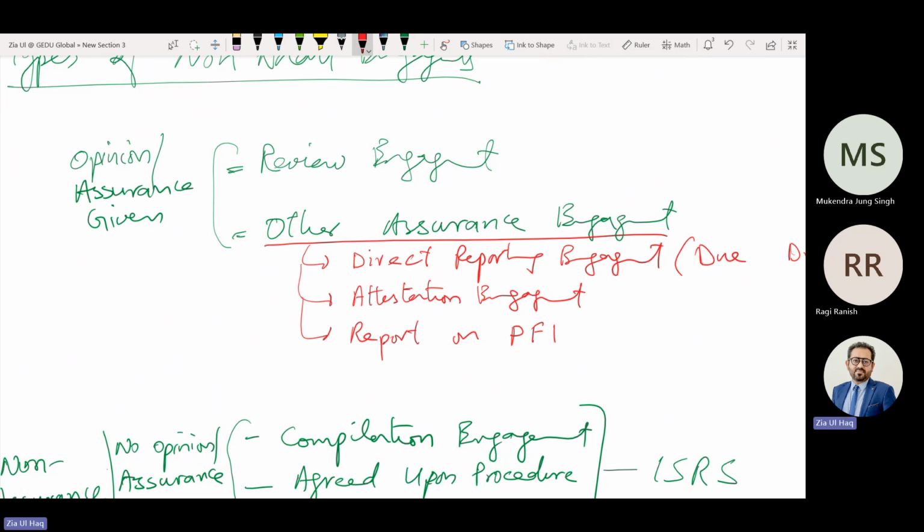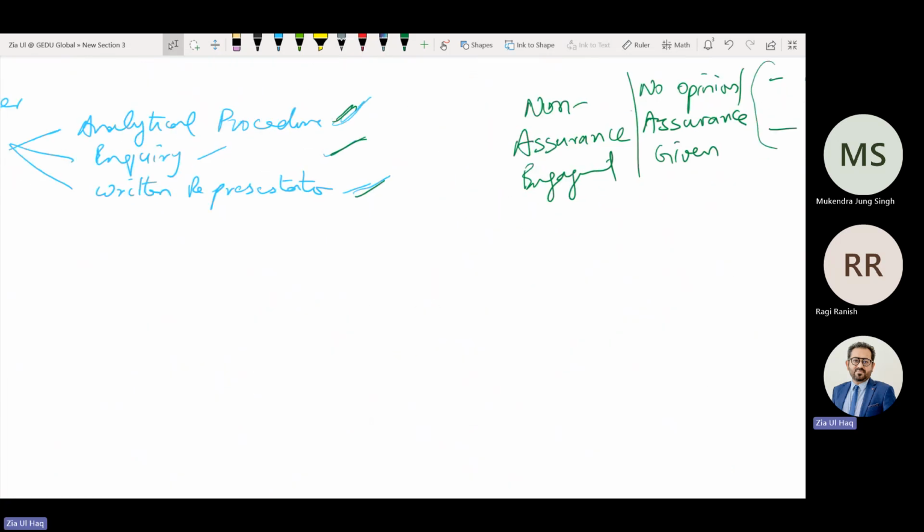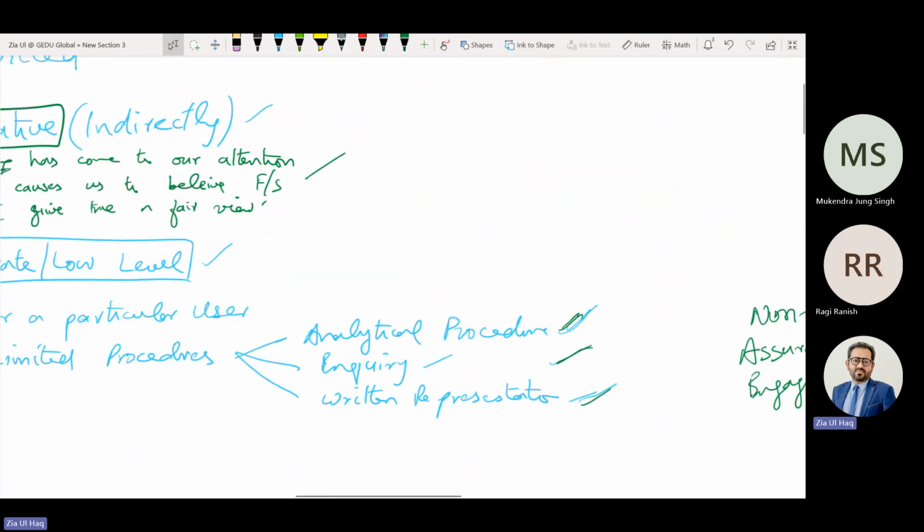The client has prepared their interim accounts for any of the investors, and the investor asks us, can you please attest these interim accounts? We'll perform these limited procedures and we will put our stamp at the end of the interim accounts, and we will write down attestation and put our signature. So this is like we are providing some kind of negative assurance.